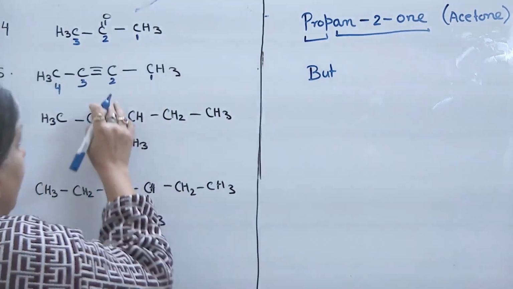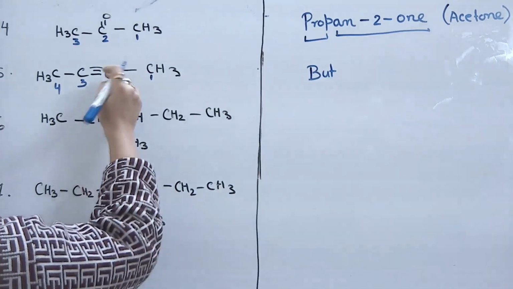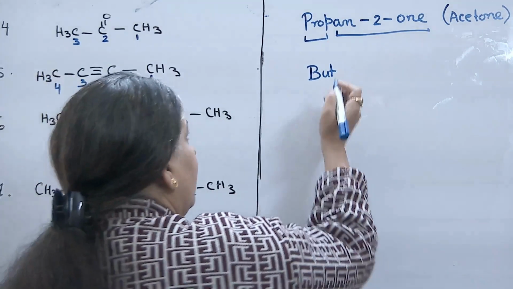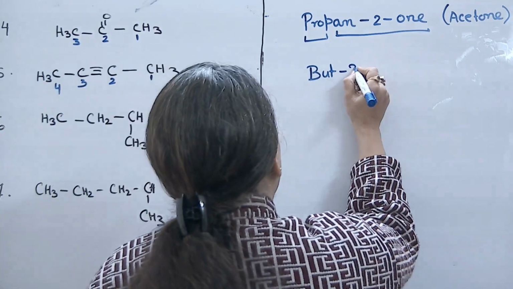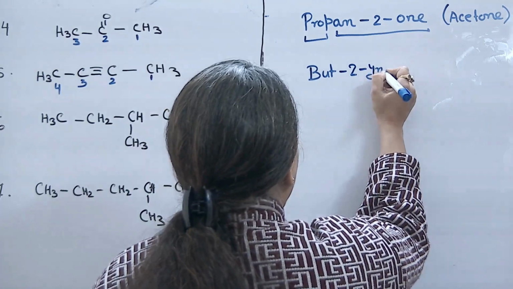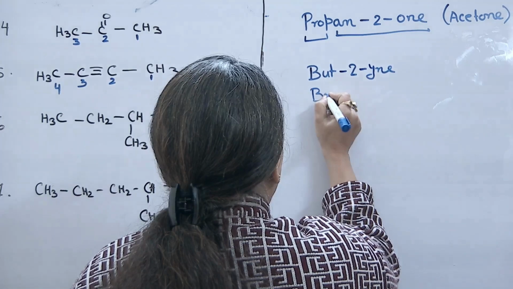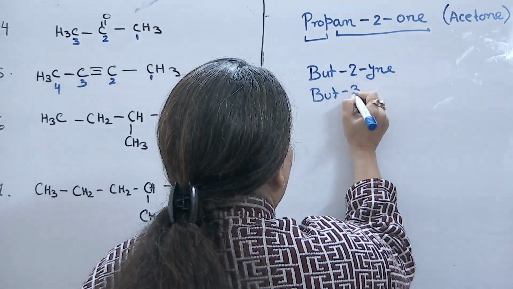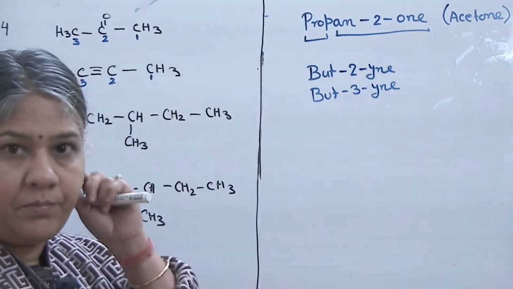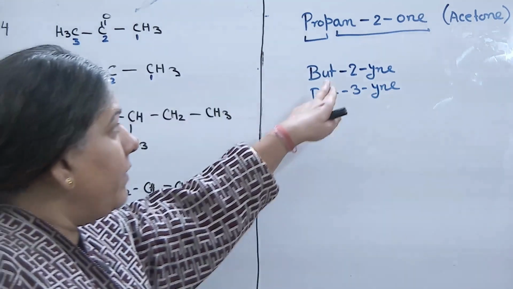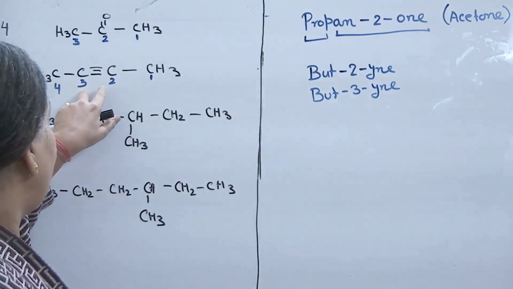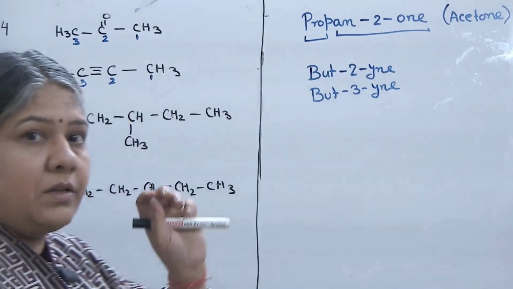Again the confusion arises whether you should write but-2-yne or but-3-yne. Among the two, which is correct? The one having the lowest number is correct.